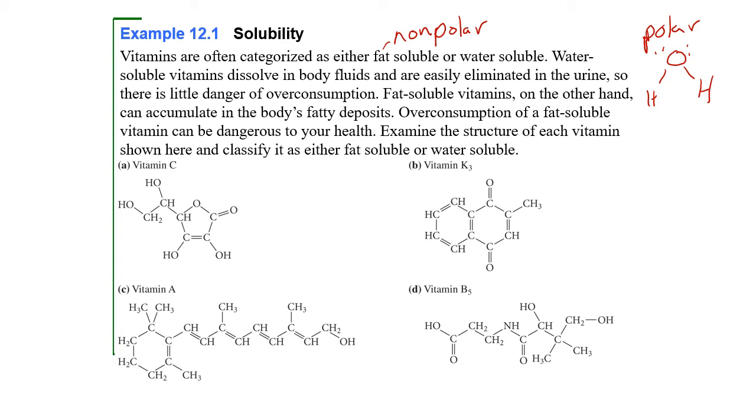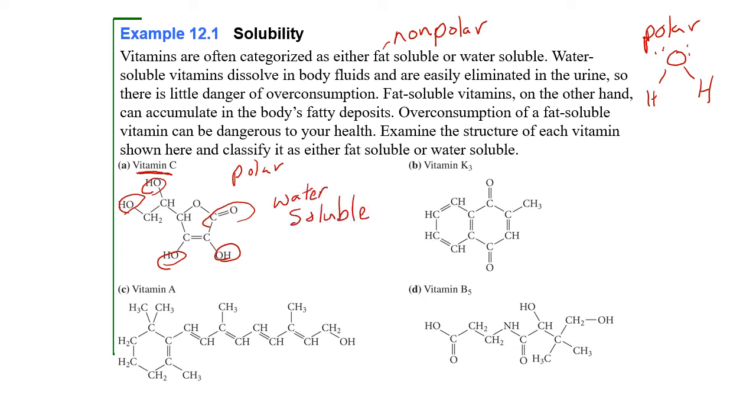Let's look at vitamin C to start. Vitamin C has lots of polar functional groups, which are alcohols. Because it has many polar functional groups, it is a polar molecule, and therefore it is water soluble.